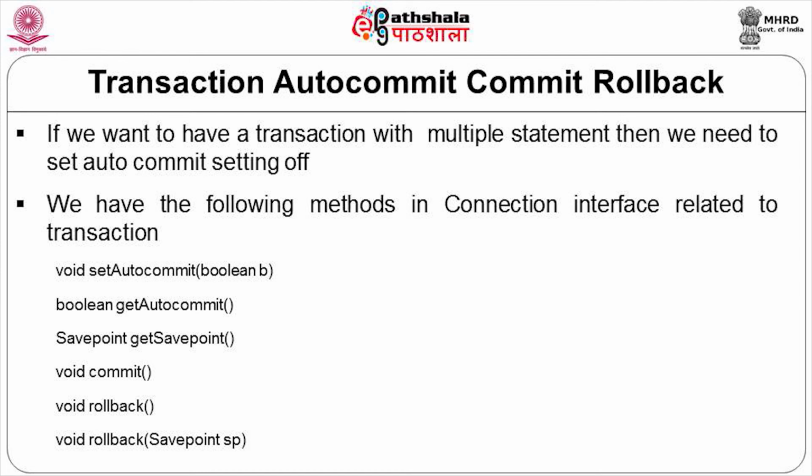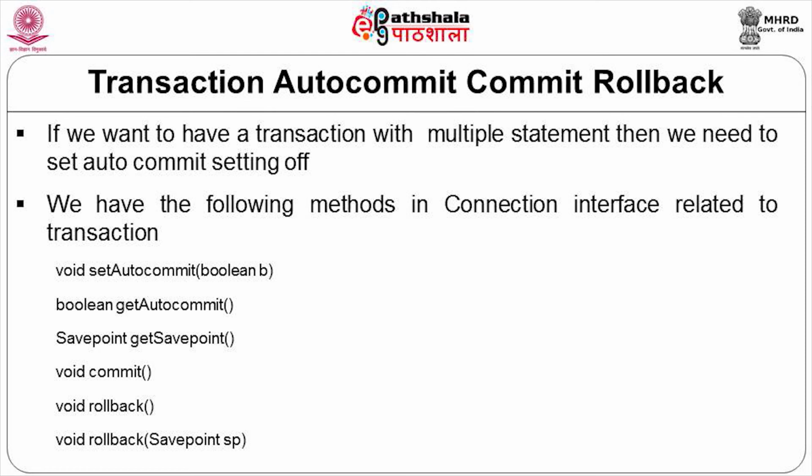So when you want to roll back, you can also roll back to a particular save point which was created earlier. So save points are created on the Connection, and then we have the rollback method, so we can do a partial rollback as well from a Java application.